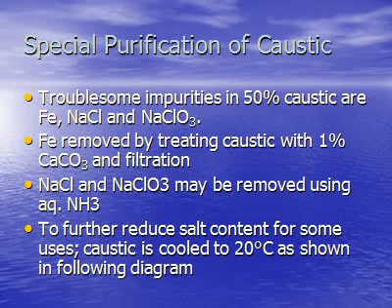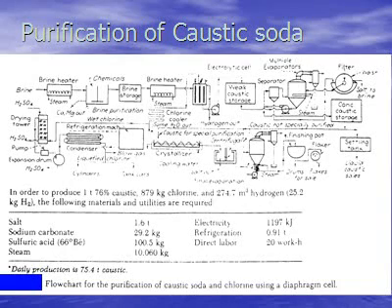To further reduce salt content for some uses, caustic is cooled to 20 degrees, as shown in the following diagram. This is the process flow diagram for the purification of caustic soda. You can see how the concentration of salt is reduced in the caustic soda.